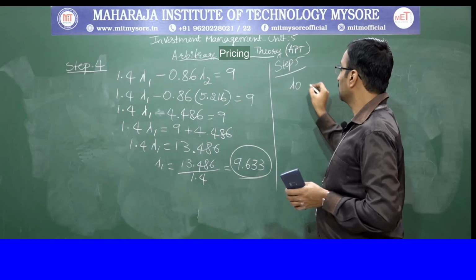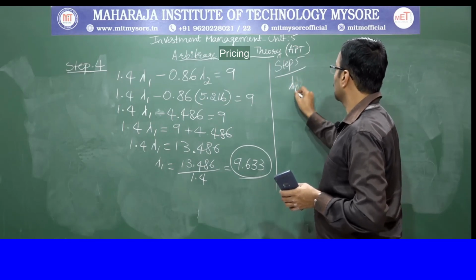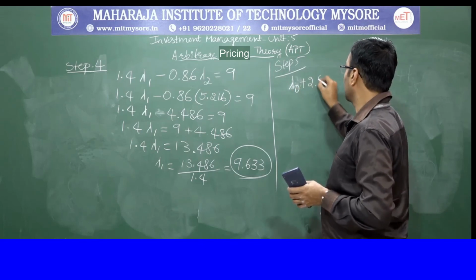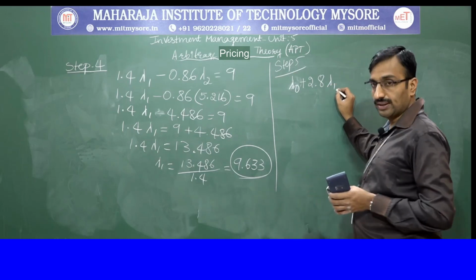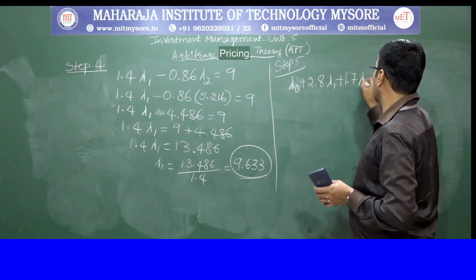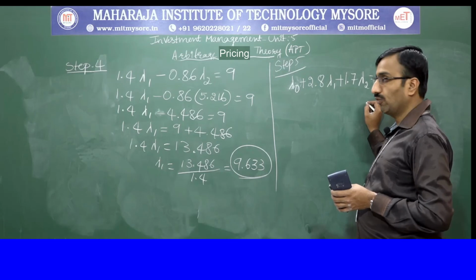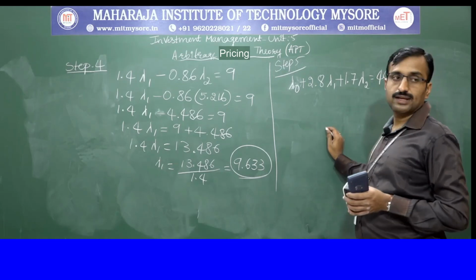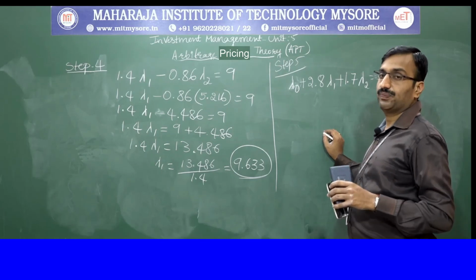So, take the first equation: lambda naught plus 2.8 lambda 1 plus 1.7 lambda 2 is equal to 44, that is equation 1 we have considered.